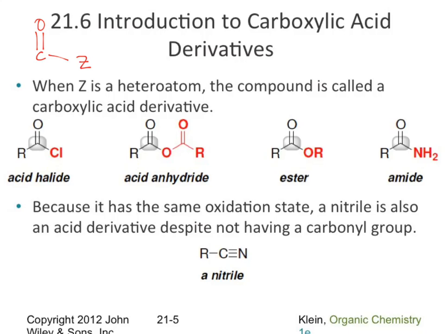Any ideas why the nitrile might be grouped in with this section of the material? Interesting idea is referring to it as nucleophilic, but it should be grouped in this chapter because it matches the chemistry of your acid chloride. What did we say was the reactivity of our acid chloride compounds? It's the carbon. What about that carbon?